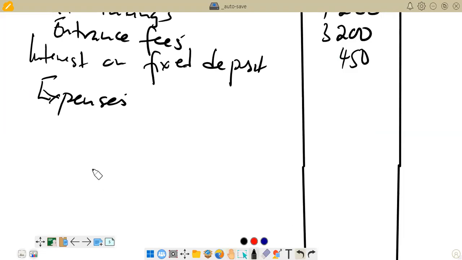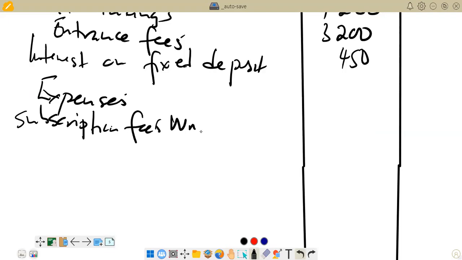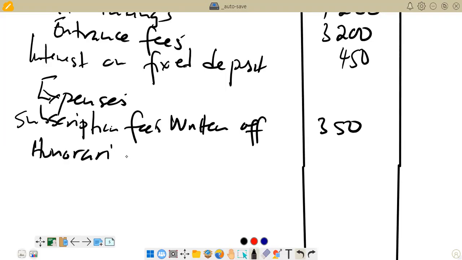Remember, we have our subscription fees written off, and the figure that we have there is 350. And also we notice honorarium, which is also 350.